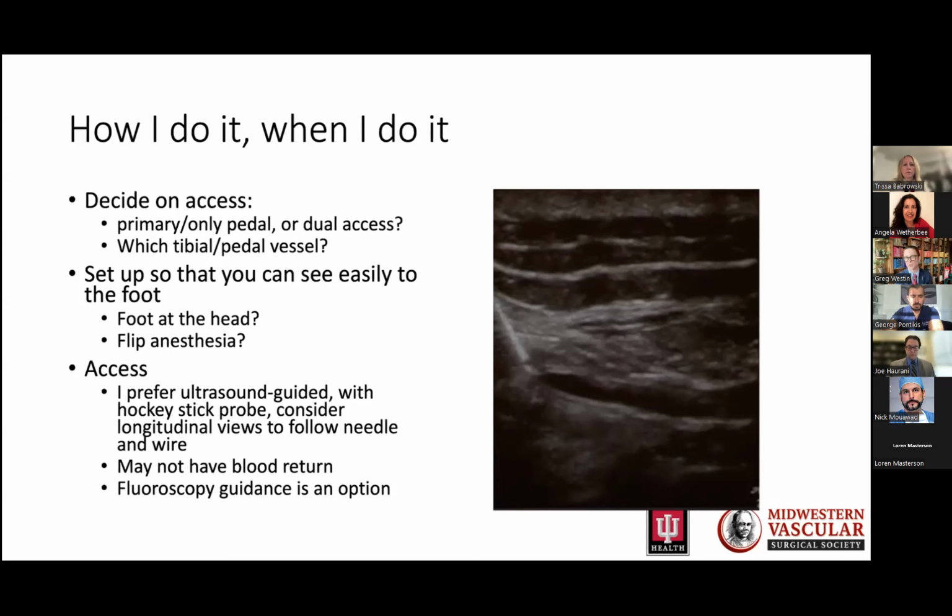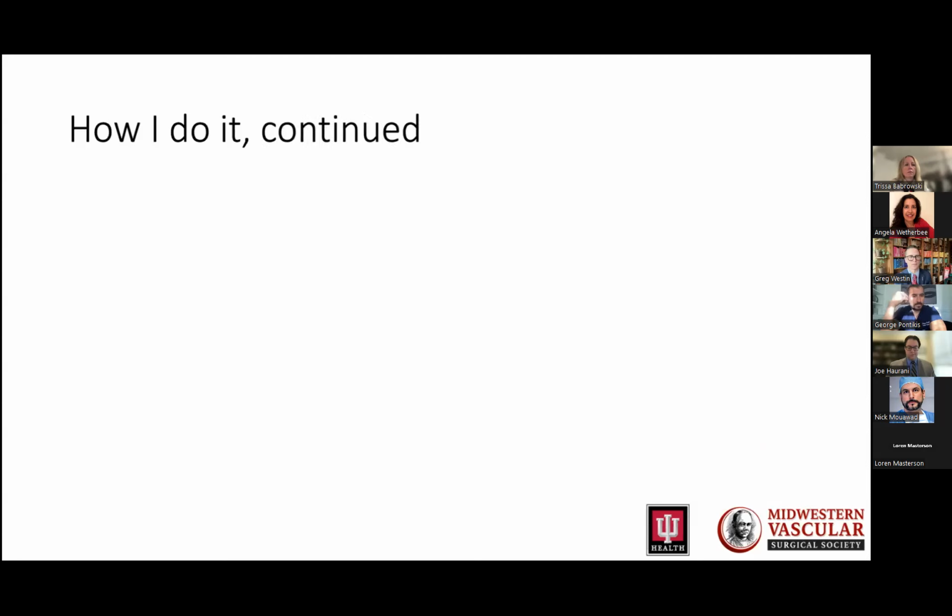Fluoroscopy guidance is an option. I've heard this described. I don't think I've ever done it, or maybe I've done it once. But that has been described for heavily calcified vessels, and especially if you were going to access the peroneal artery, that may be an option, but not my strategy.